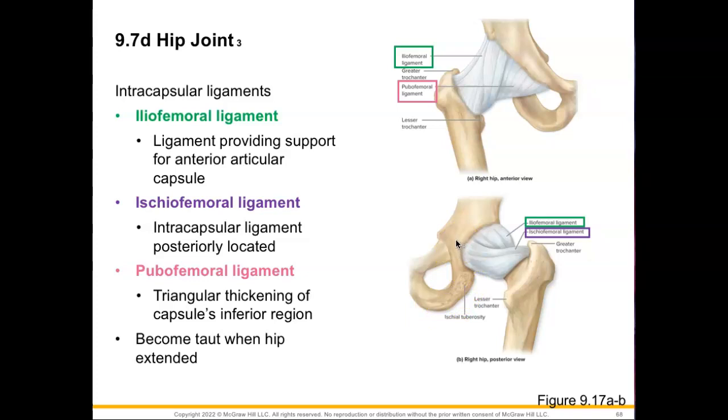And then anteriorly, we are going to see our pubofemoral ligament, which is going to be a triangular thickening of the capsule's inferior region. And we'll only see this anteriorly because our pubis is anterior. And these become taut when our hip is extended.